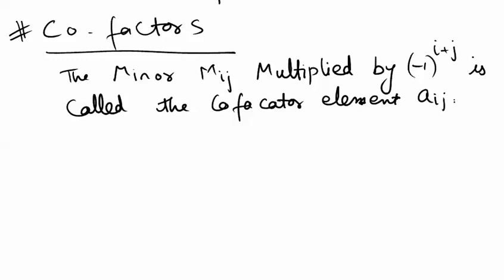Correct? It is denoted by capital Aij. So in formula format, Aij equals -1 to the power i plus j into the minor element Mij.